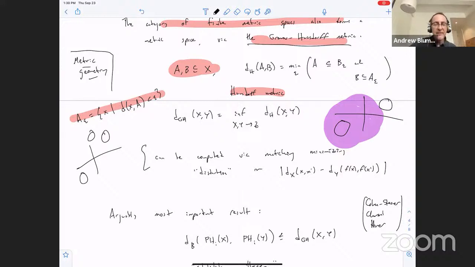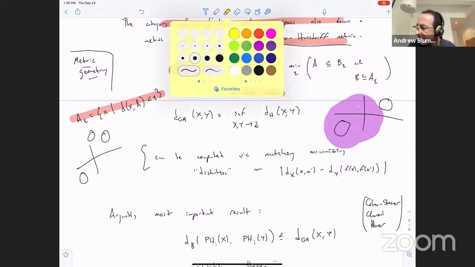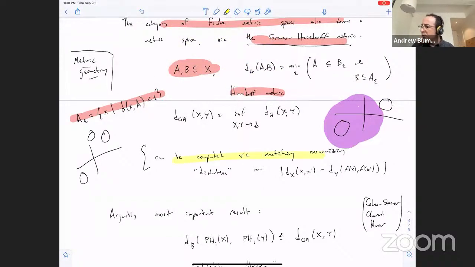But one thing that's nice is that you can define this for infinite things, but for finite metric spaces, you can compute it in terms of a matching problem, where you're minimizing some kind of distortion penalty, which looks at, if you take two points, what was their distance originally, and what is their distance now? You match all the points of the spaces, and then you ask, what's the discrepancy between the distances originally and those of their matched counterparts? It is not 100% obvious that this is the same thing, but it is true.